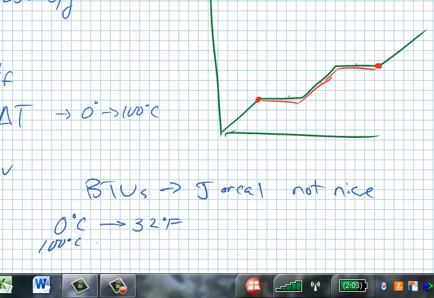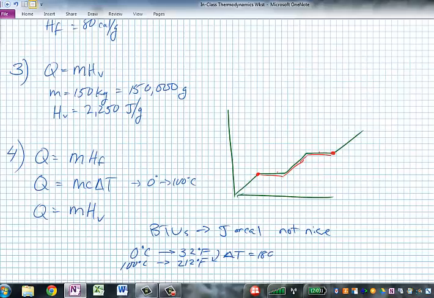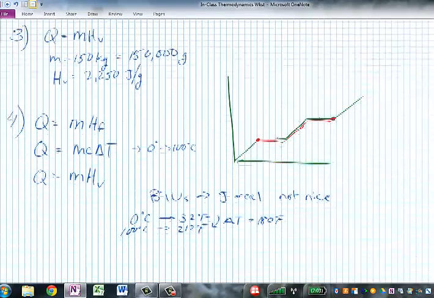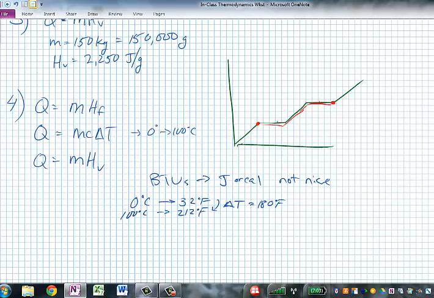And the higher temperature is 100 degrees Celsius, the boiling point of water, which we should know by now is 212 degrees Fahrenheit, giving us, if we subtract those two numbers, a change in temperature of 180 degrees Fahrenheit.